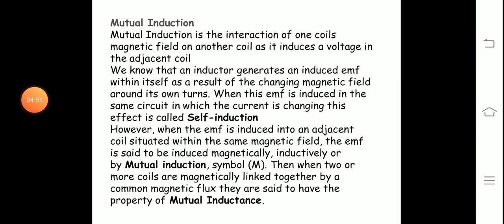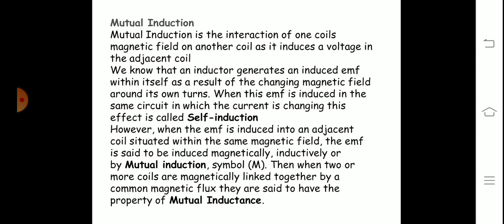Now come on to mutual induction. Mutual induction is the interaction of one coil's magnetic field on another coil, as it induces a voltage or EMF in the adjacent or neighboring coil. We know that an inductor generates an induced EMF within itself as a result of the changing magnetic field around its own turns.